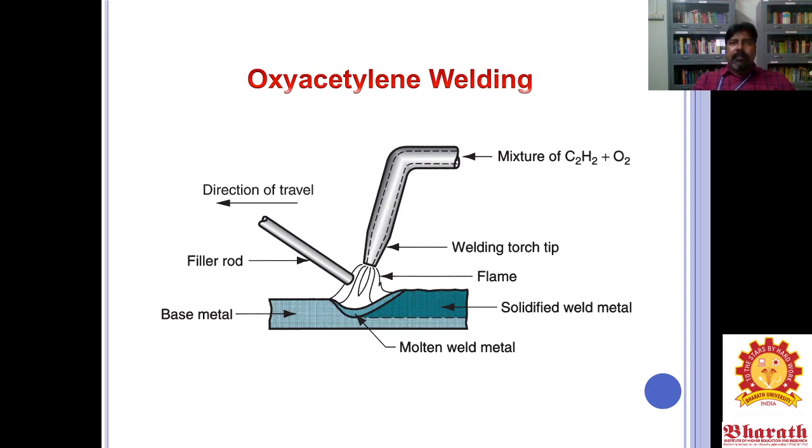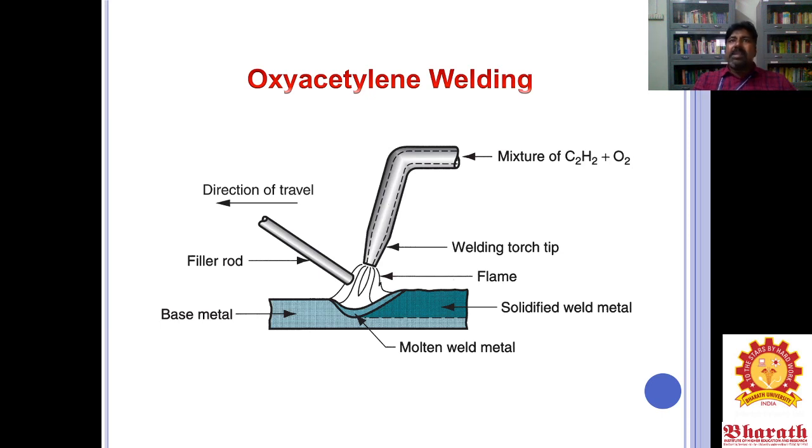The flame is produced at the tip of the torch, and welding heat is obtained by burning a mixture of oxygen and a compatible gas, whether acetylene or hydrogen; propane or butane can also be used. Commonly we use oxy-acetylene welding.